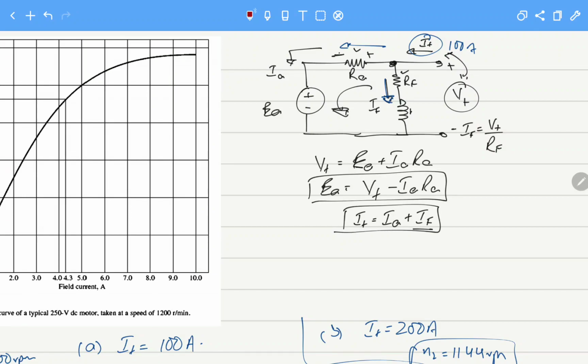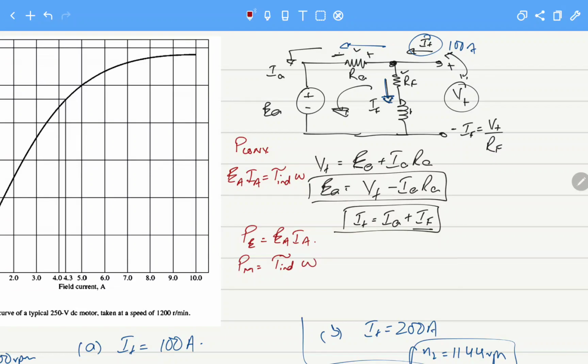For DC machines, the power converted inside the machine is EA IA equals torque induced into speed. So electrical power is EA IA, and mechanical power equals torque induced into speed.